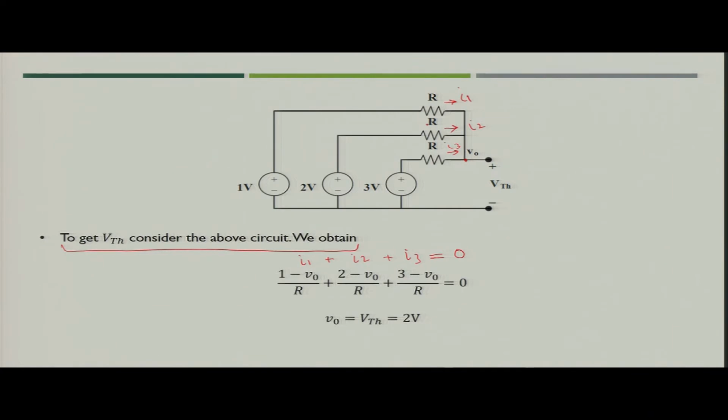So, what do you get from here? You get the value of V naught. If you simplify, you will simply get V naught equal to 2 volt. And what is V naught? V naught is nothing but the Thevenin voltage. So, you get here the value of VTH as 2 volt.